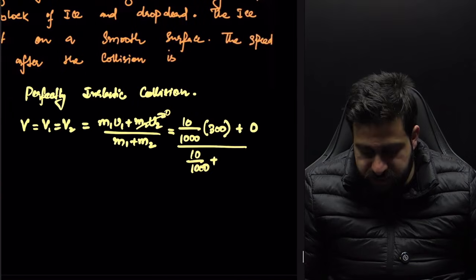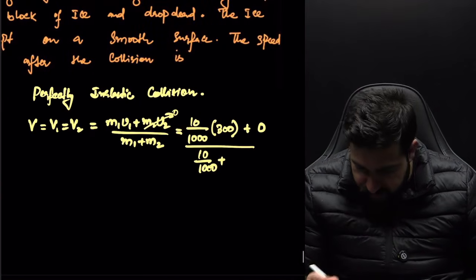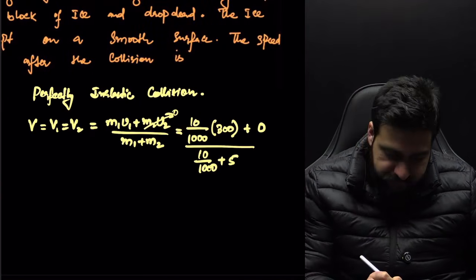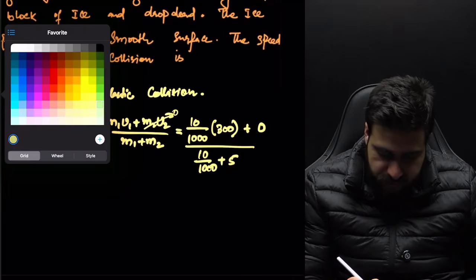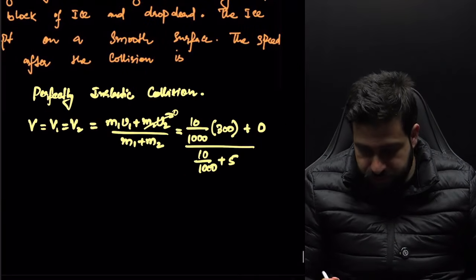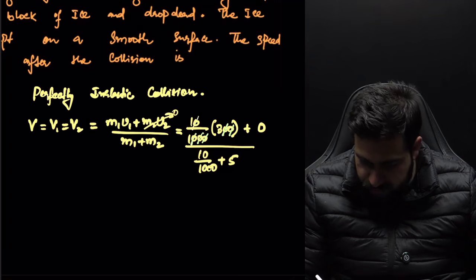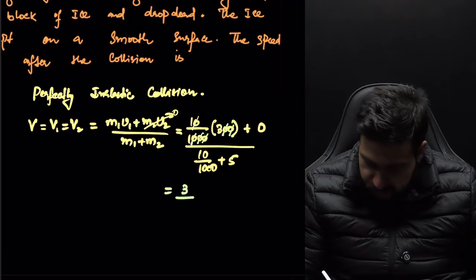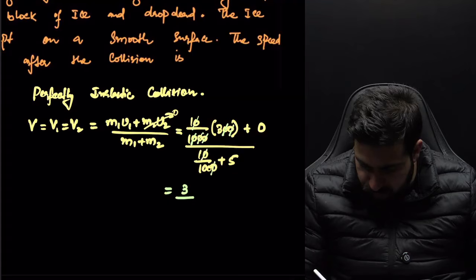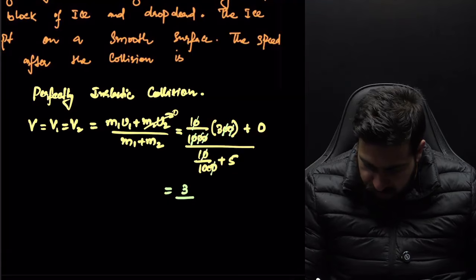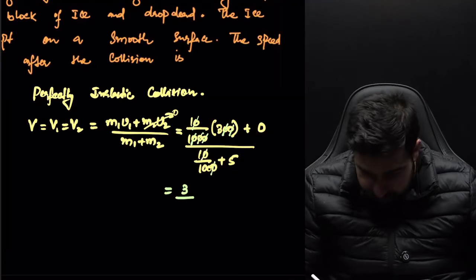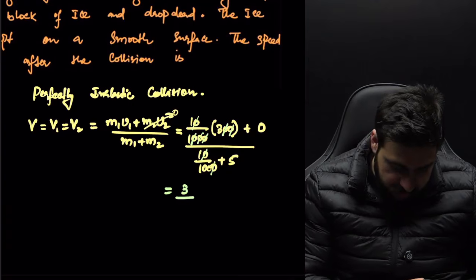What can you cancel over here? The 0s cancel, so 3 in the numerator, divided by 0.05.